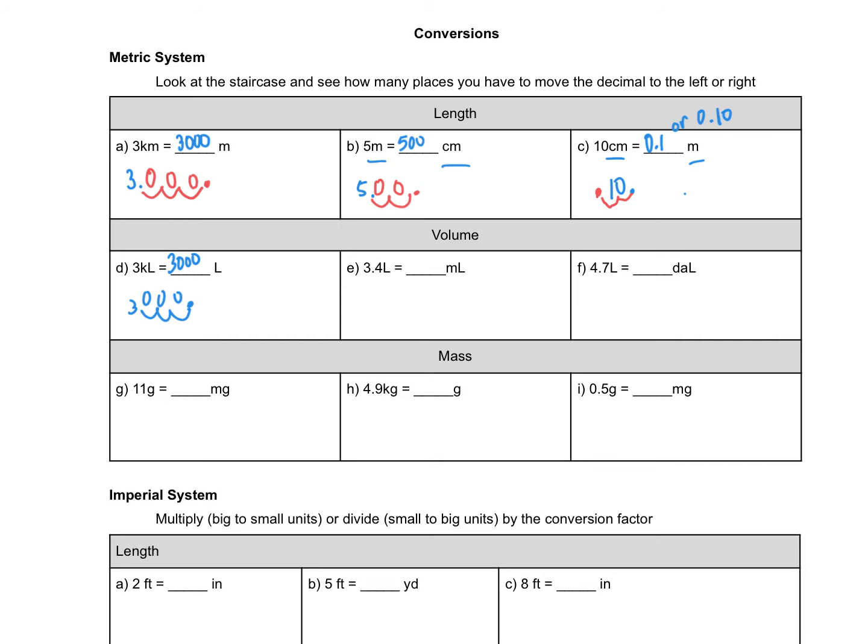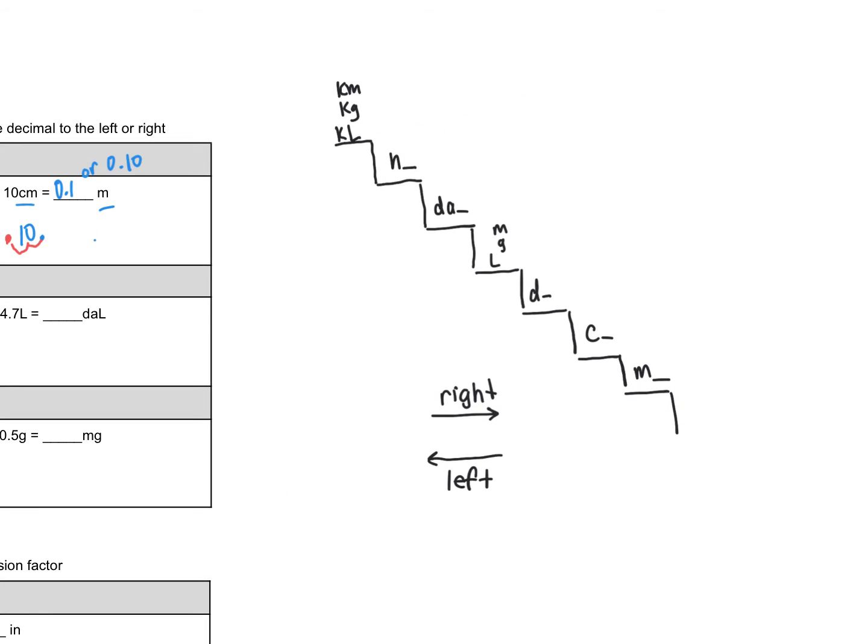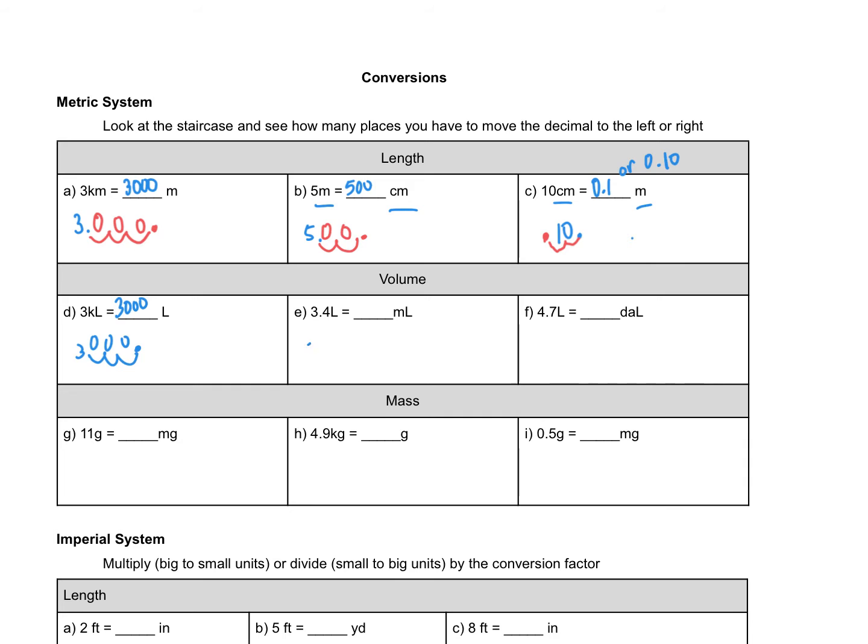Or 3.4 liters to milliliters. Here's liters, right here. Here's milliliters. 1, 2, 3 again, and again to the right. So this 3.4, 1, 2, 3, fill in with zeros.